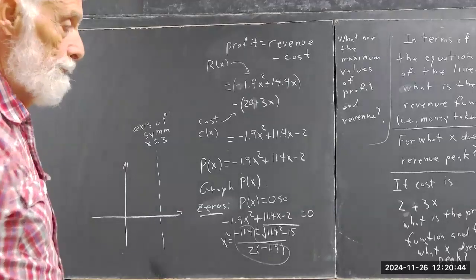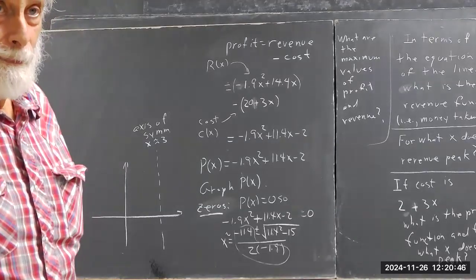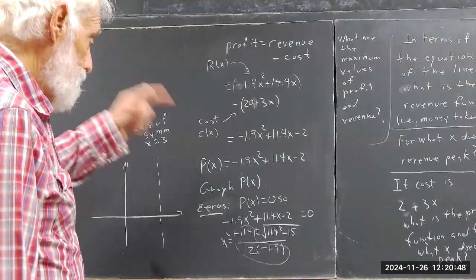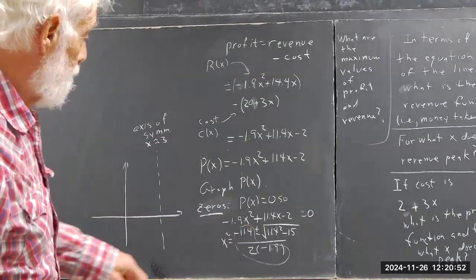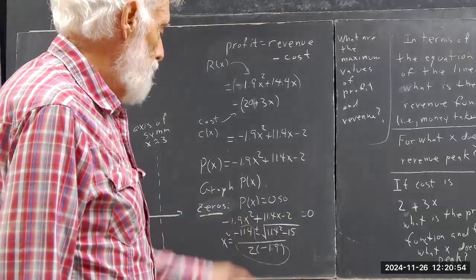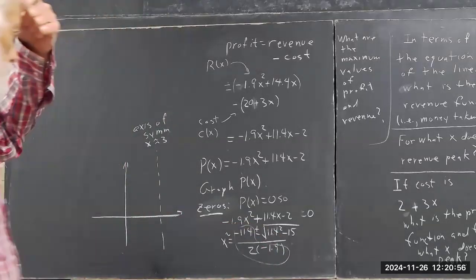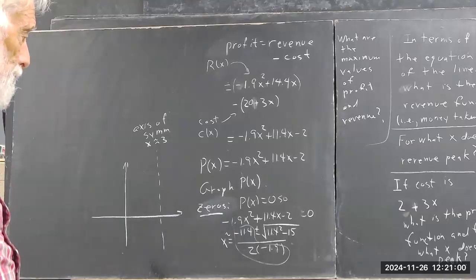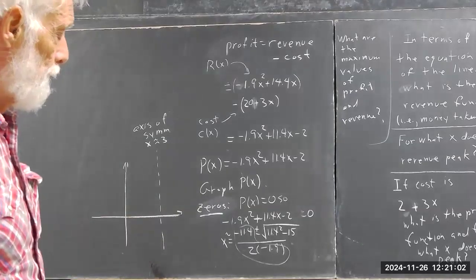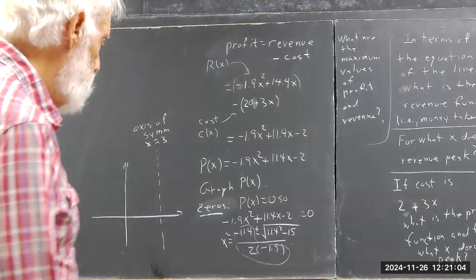A little more, a little less. Okay. Not going to spend much time thinking about it since I'm almost out of time. Okay, this 11.4 squared is about 130. Okay, minus 15 is 115.